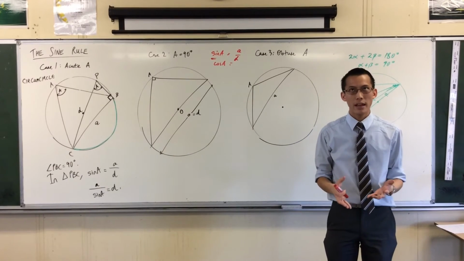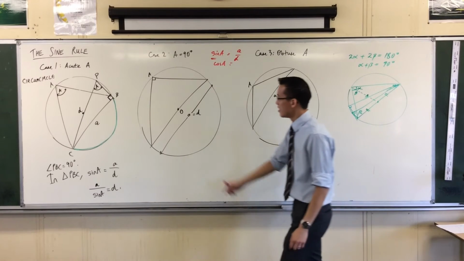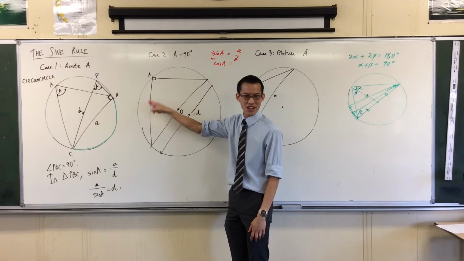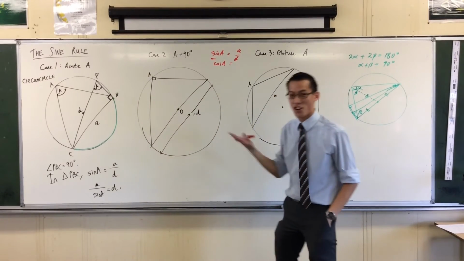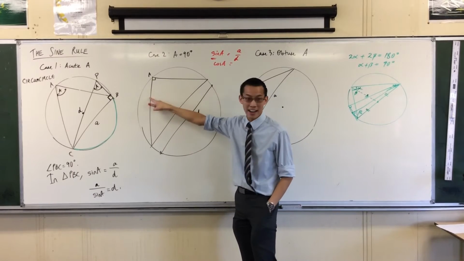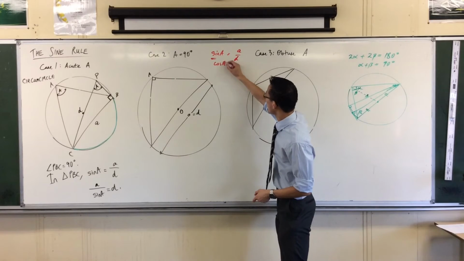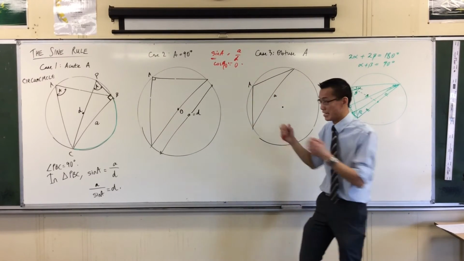Because cosine is adjacent on hypotenuse, apparently. But if I'm here, which adjacent side do I want? Because I've got two of them. And it turns out that not only is it hard to choose which one, it's hard to choose because you can't choose either of them, because cos of 90 degrees is in fact 0, which doesn't make sense in a triangle.